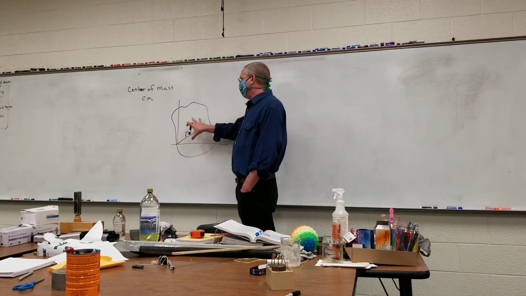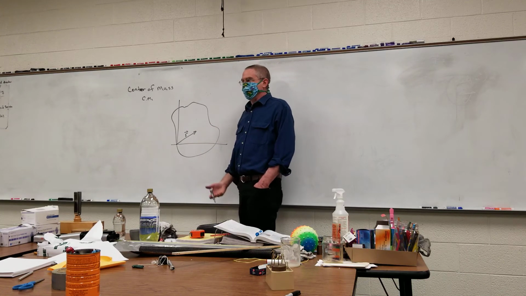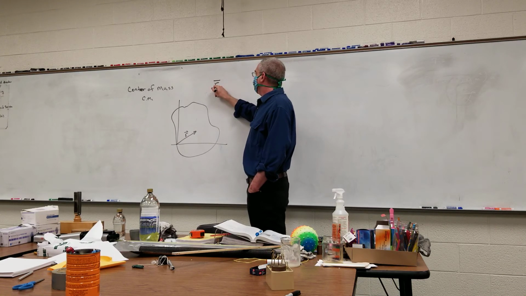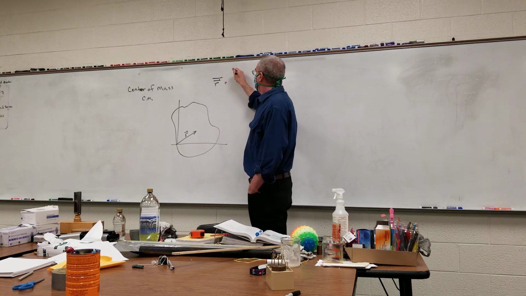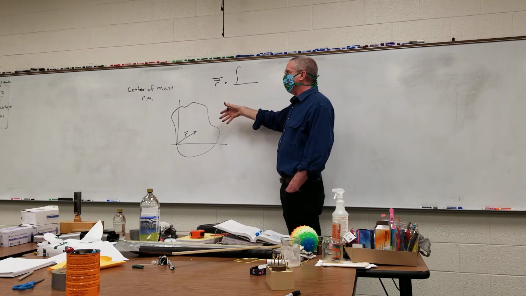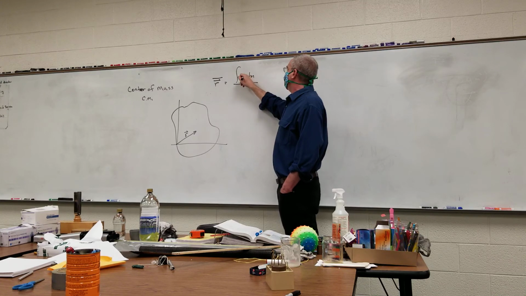In essence, we're trying to find an average here. Well, we can start with the calculus version of it. If I'm trying to find the average value of a position, well, whenever you're finding an average, I'm looking at the distribution of mass here. So this would be the integral of r dm, over the integral of dm.